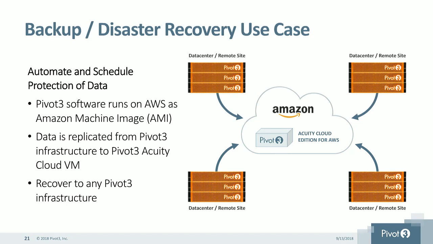The idea here is to provide offsite backup, a second copy of the data. You can also copy the data from Amazon back to an on-prem or remote site environment, so the data movement is facilitated both ways.